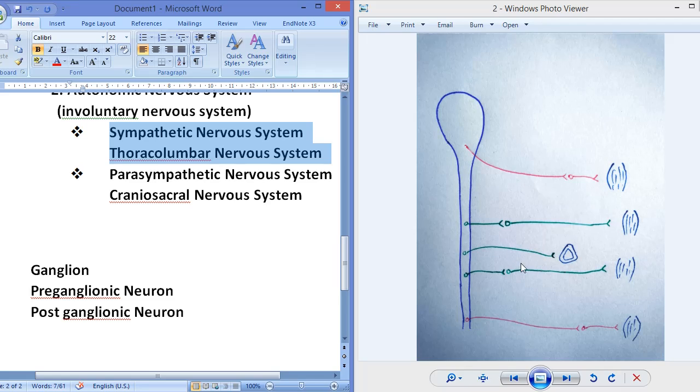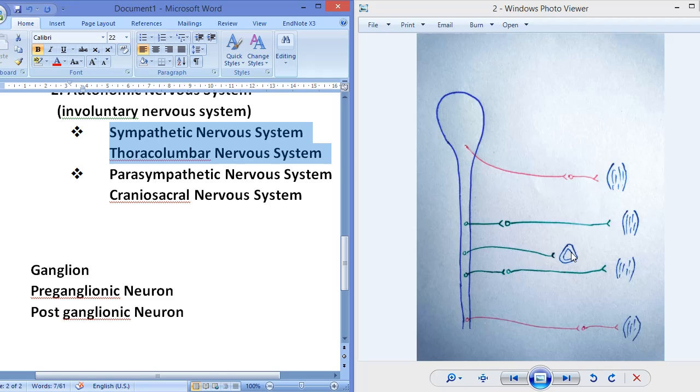Literally, if we go to the detail, this neuron arises from the thorax or from the lumbar region, but this nerve fiber goes and activates the medulla region of the adrenal gland, and the medulla of the adrenal gland works as the postganglionic neuron over here. This is not actually a neuron, but this works as a postganglionic neuron.